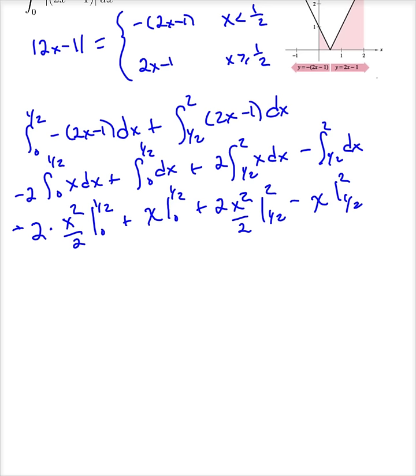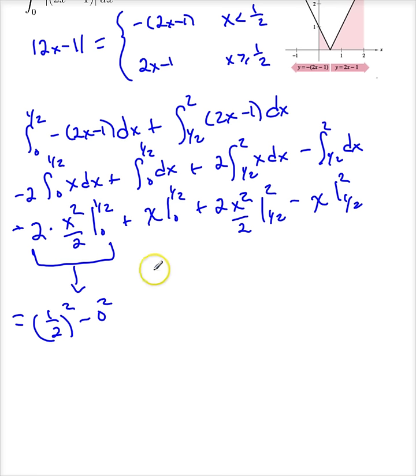Let me give myself a little room here. Those are going to cancel. So this first term becomes, the 2's cancel, so it's going to be 1/2 squared minus 0 squared.